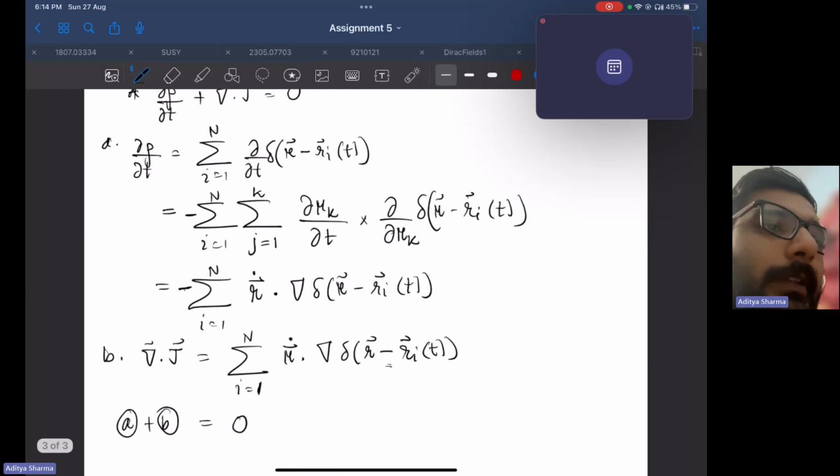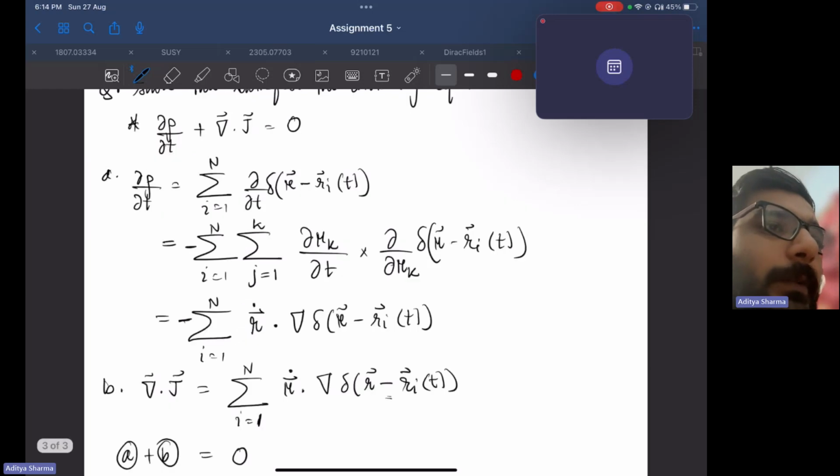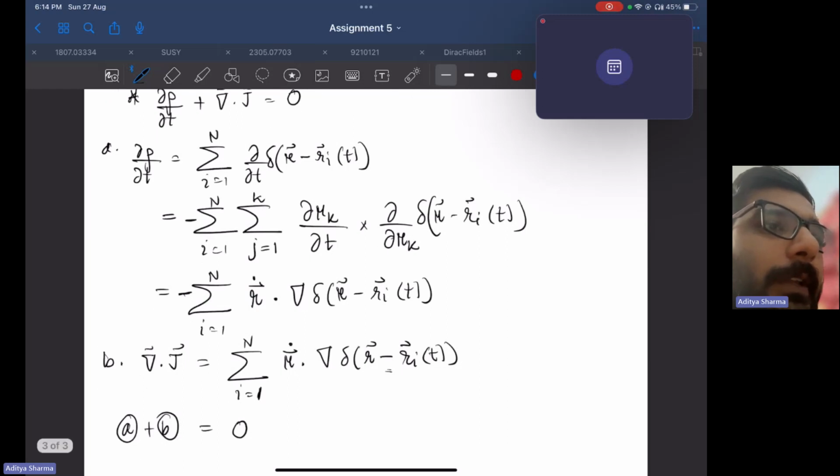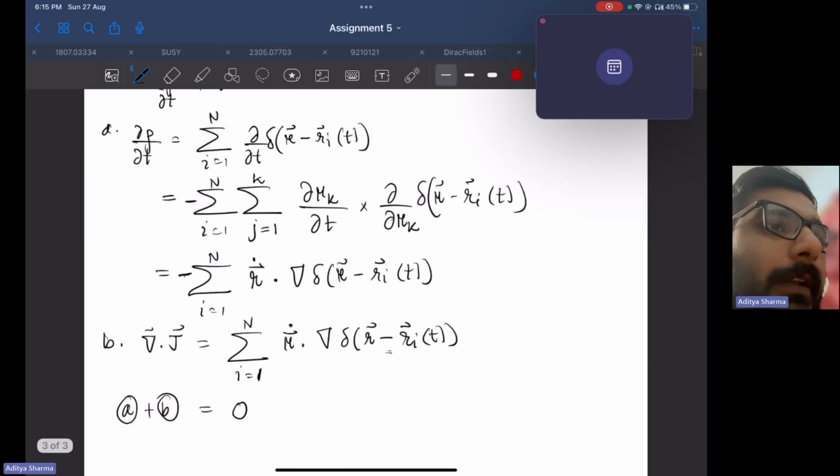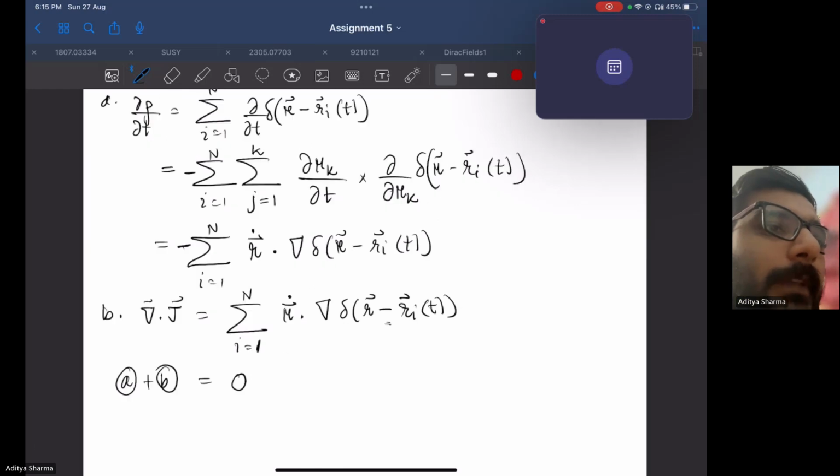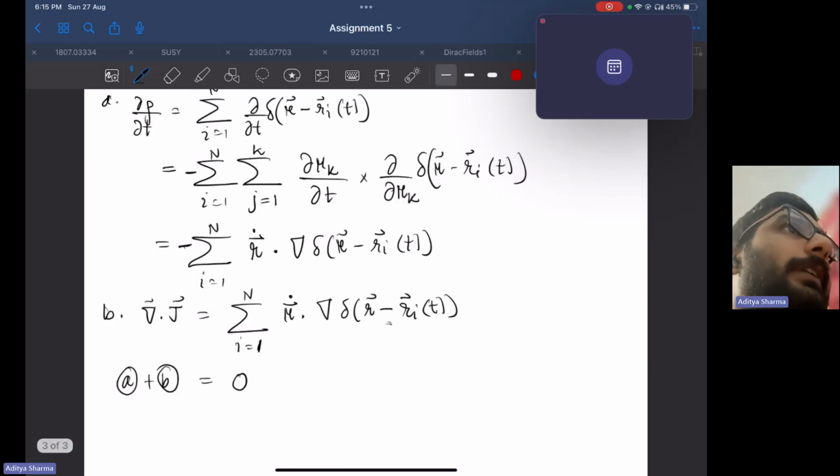When I'm doing this, I'm actually doing the chain rule: I'm differentiating this, and then I'm differentiating the r_i parts. So I'll get a sum over r_i, and it will look like this. The minus sign is because of that.